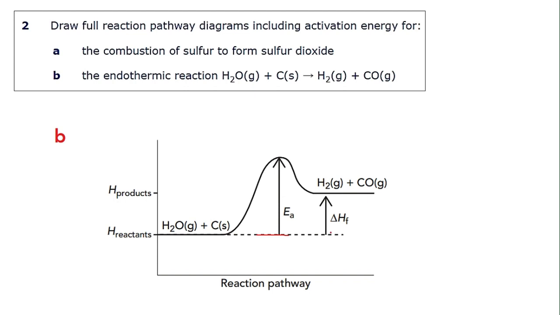And for the enthalpy change, the arrow always starts from the reactant till the products. Now the arrow is upward in the case of an endothermic reaction, and it is also smaller than the activation energy, because it is from reactant to products only. So that's all about question number 2.